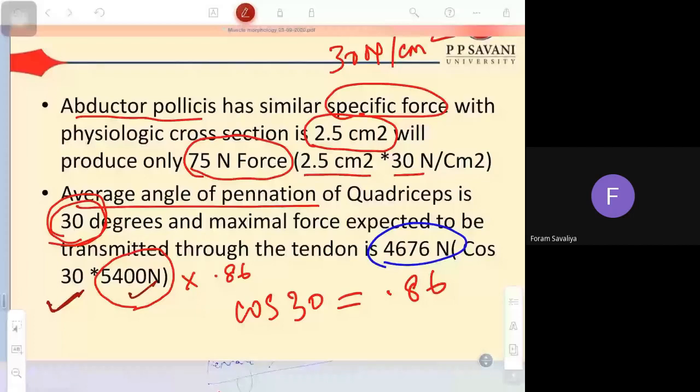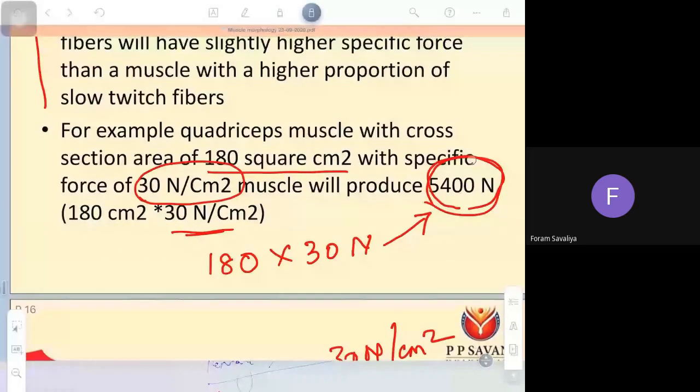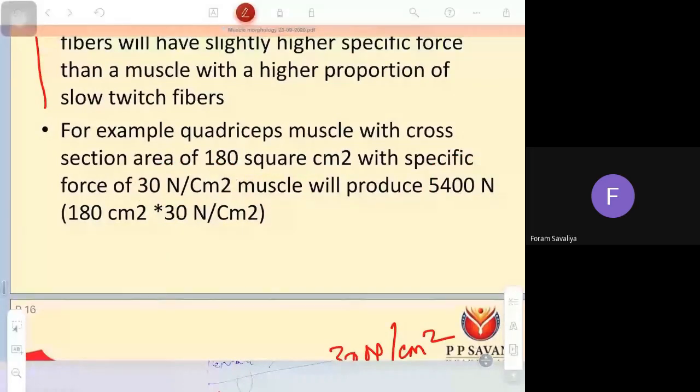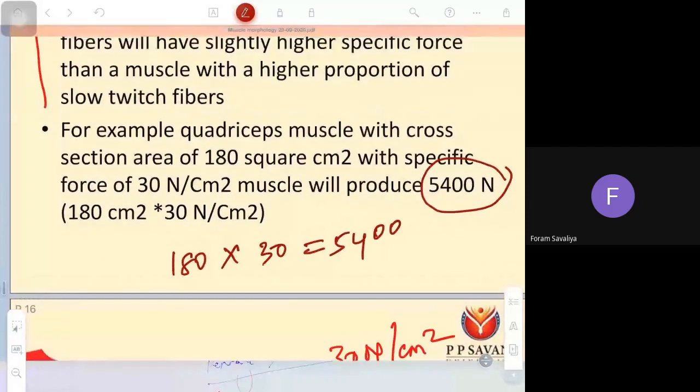Here, the example we have discussed. First we found that 5400 Newton force is produced. How did you get this? 180 into specific force, you got 5400. Then we found the quadriceps muscle has a 30-degree pennation angle. So we multiplied 5400 into 0.86 and we got 4676.